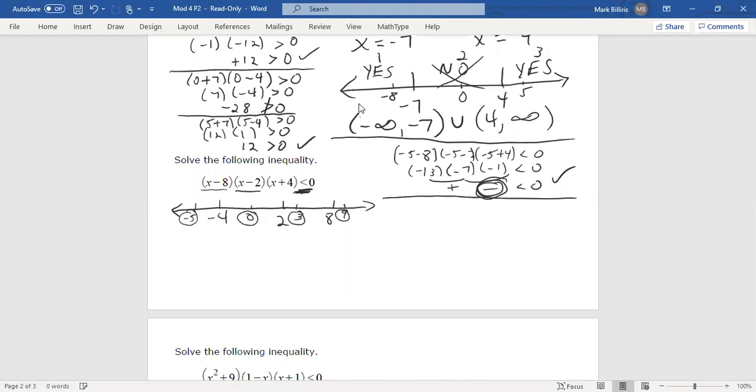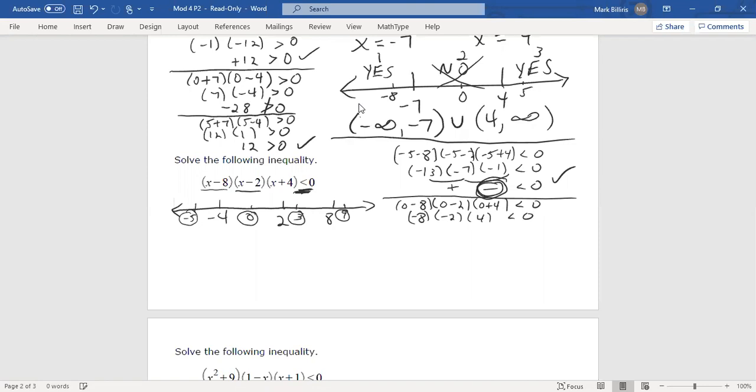Okay, you can do it that way, or we can take the actual value, in this case 0, and plug it in. So we'd have 0 minus 8, 0 minus 2, 0 plus 4, and we're interested to see if that's less than 0. So 0 minus 8 is negative 8, 0 minus 2 is negative 2, and 0 plus 4 is 4.